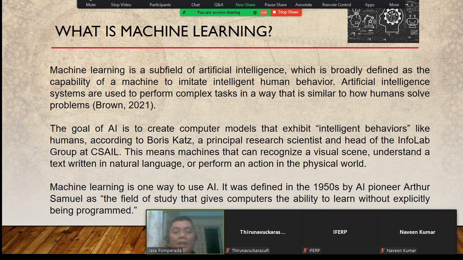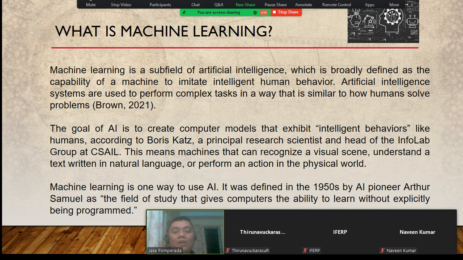The goal of AI is to create computer models that exhibit intelligent behaviors like humans, according to Boris Katz, a principal research scientist and head of the InfoLab group of CSAIL. This means machines that can recognize a visual scene, understand a text written in a natural language, or perform an action in the physical world.